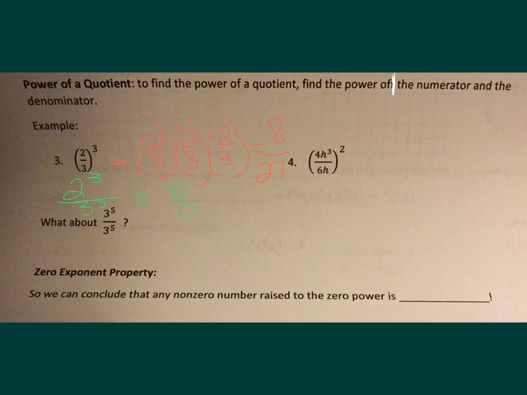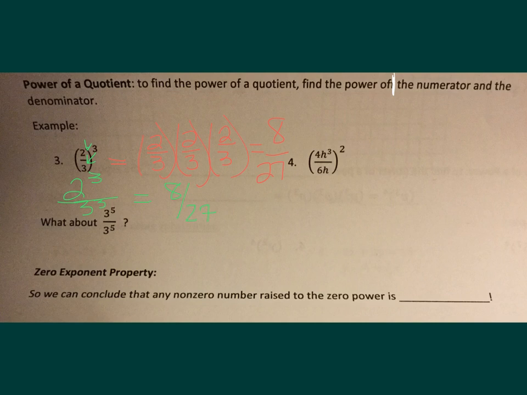So it doesn't matter how you think about it. Either way, whether you expand the exponent as repeated multiplication or you use the quotient property, you're essentially distributing that 3 to the numerator and the denominator. You're distributing the exponent throughout the fraction.